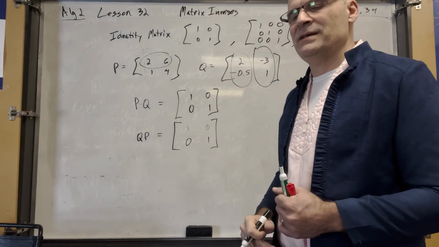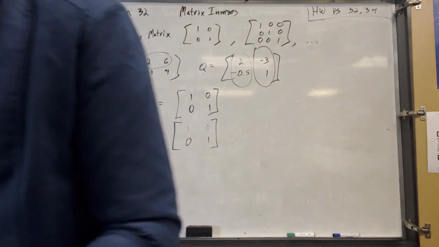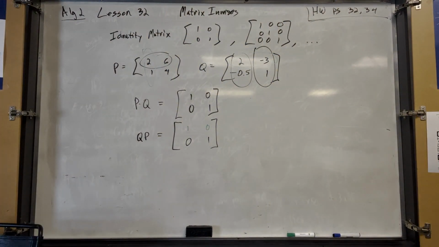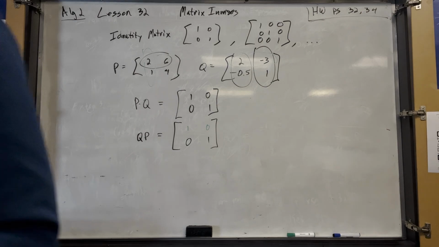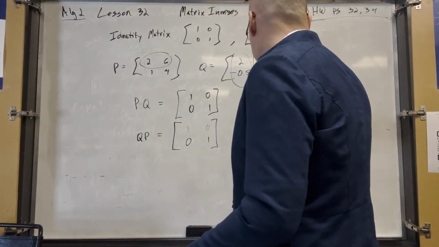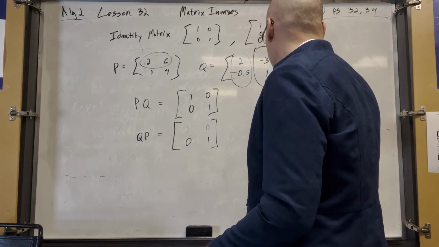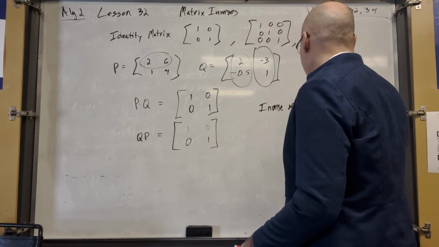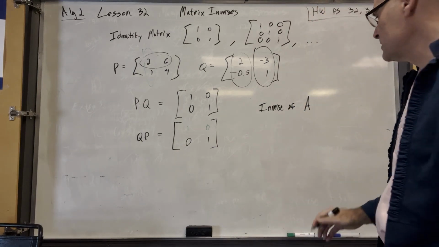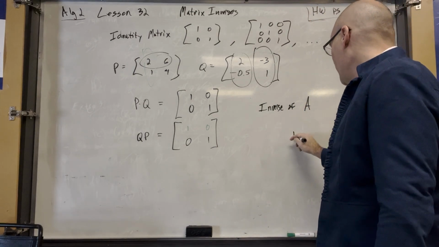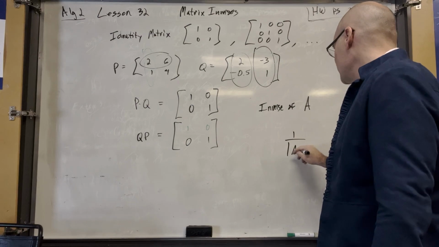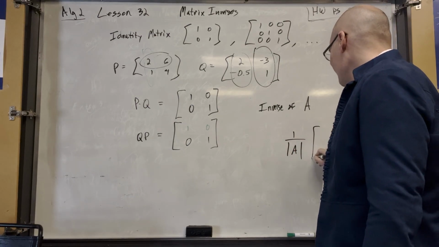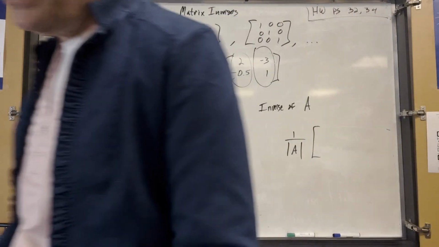Here's how you find the inverse. You ready? To find the inverse of a 2x2 matrix, it's this. So the inverse of A, which is a 2x2 matrix, is 1 over the determinant of A times, and this is where things get weird.